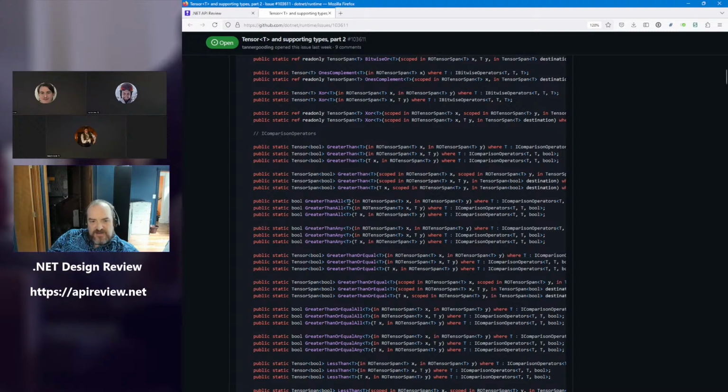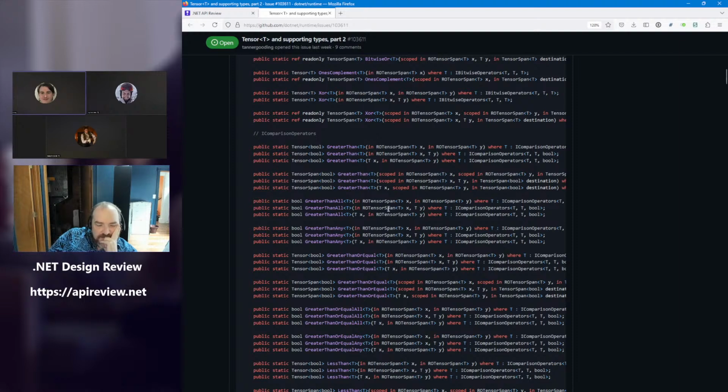Oh, right, this one is element wise, so it's returning the elements, and these are reductions down to a single bool, right? Yes. Yeah.